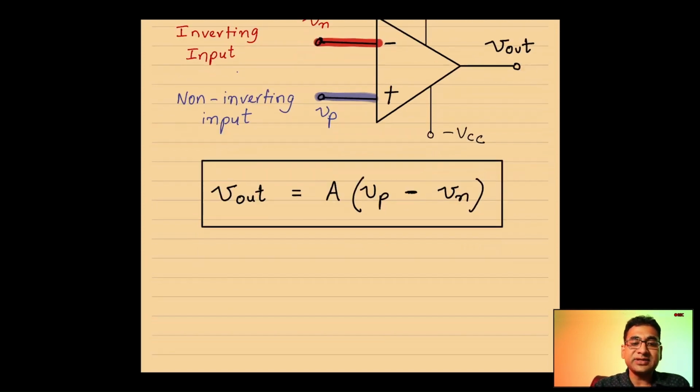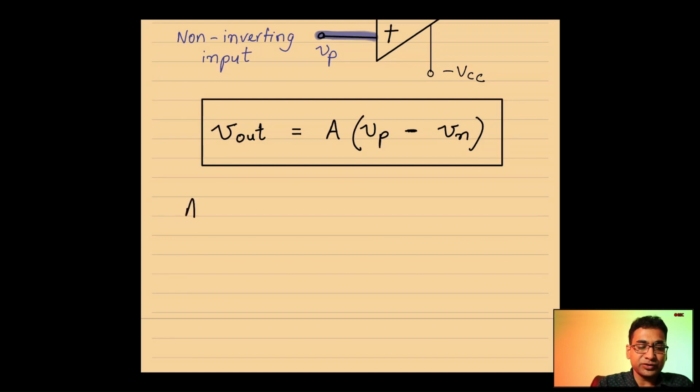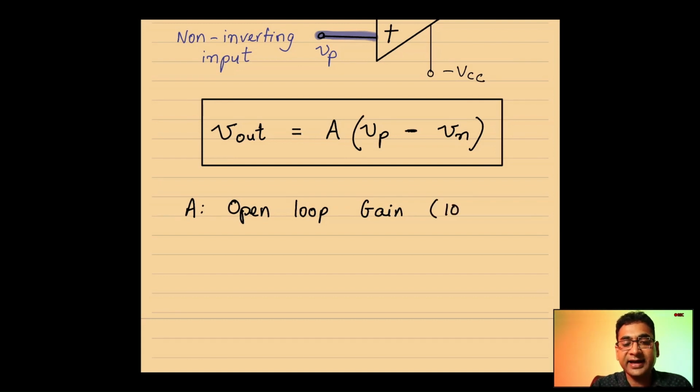Now, this term A is called the open loop gain. Typically it is in the order of tens of kilo to mega, and the units are volts per volt.